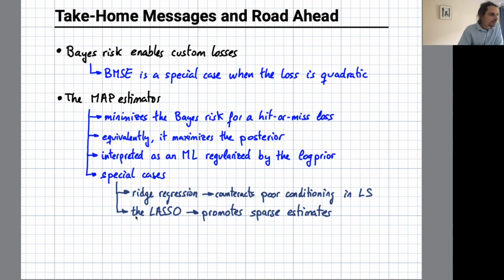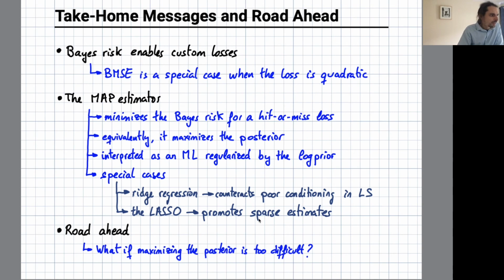We also discussed the Lasso estimator, which is used whenever we know that the vector of parameters that we want to estimate is sparse, so it contains many zeros.